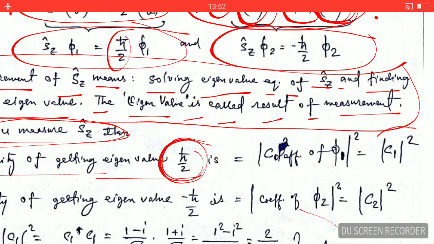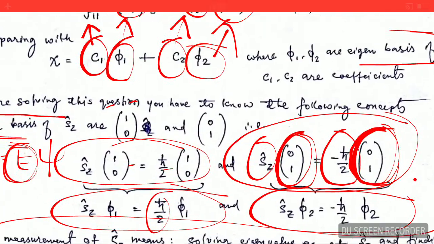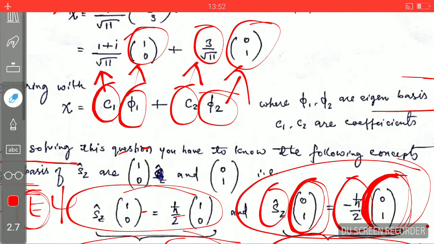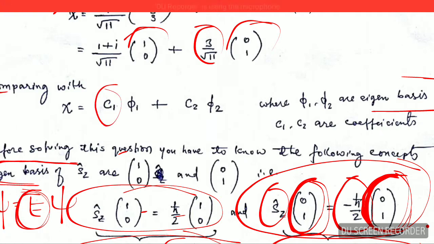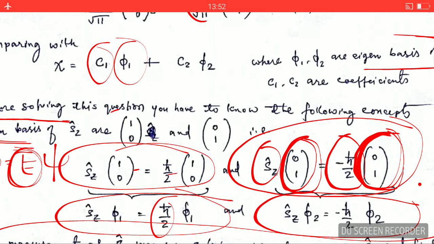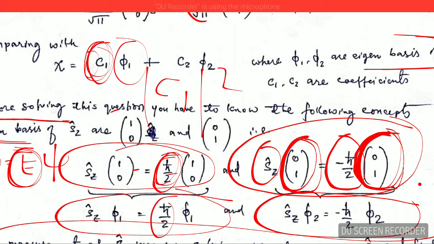So you can see that c1 is the coefficient of phi 1, and phi 1 has the eigenvalue h naught over 2. If you want to know the probability of this h naught over 2, you have to find c1 square.